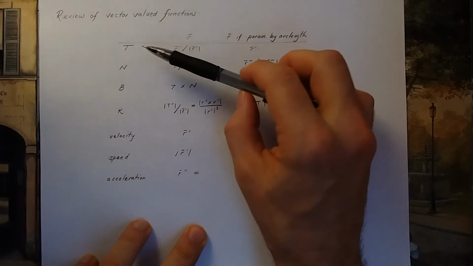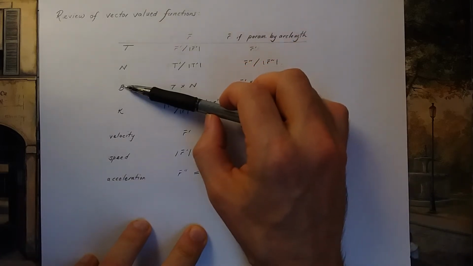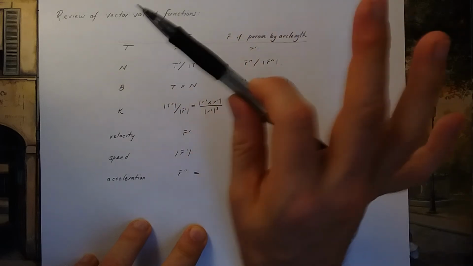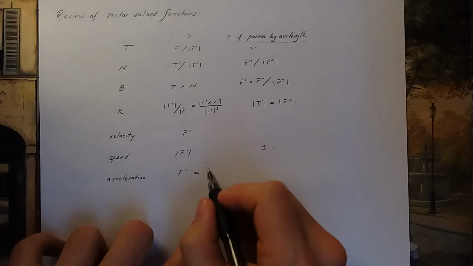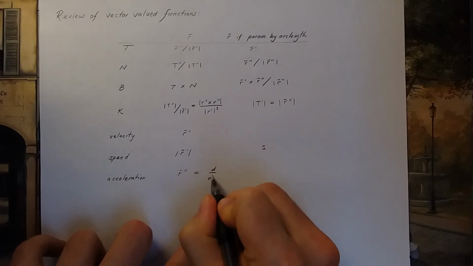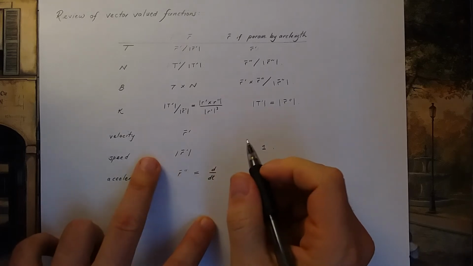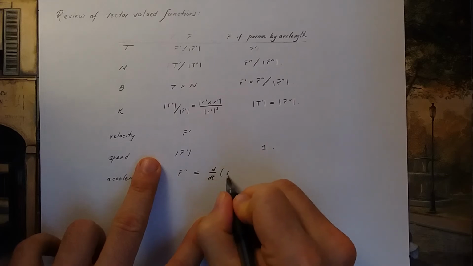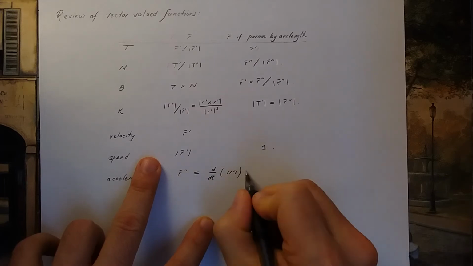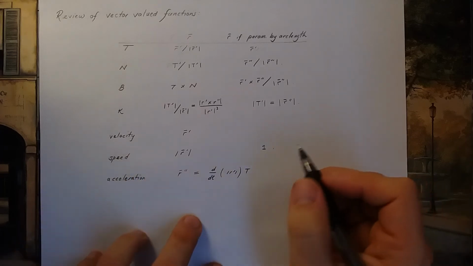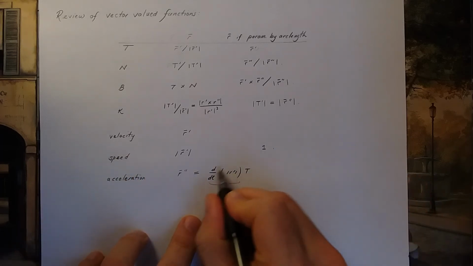But I will say that acceleration can be expressed as a linear combination of the unit tangent and the unit normal vectors. You do not need a unit binormal vector at any point in calculating acceleration, so this would be the derivative of the speed times the unit tangent vector. So this is not a vector.